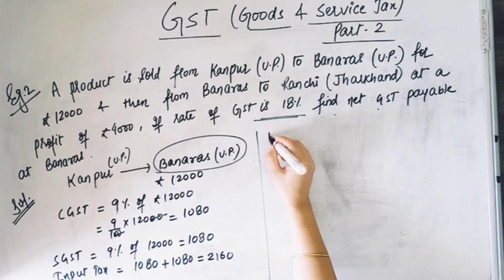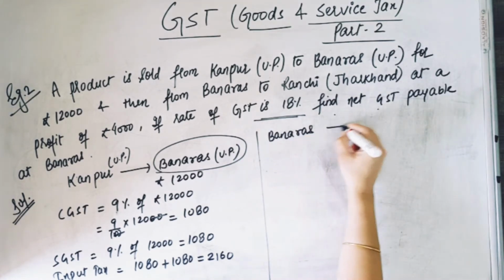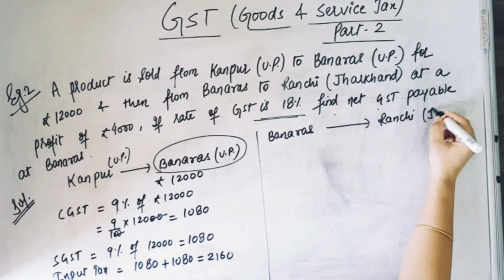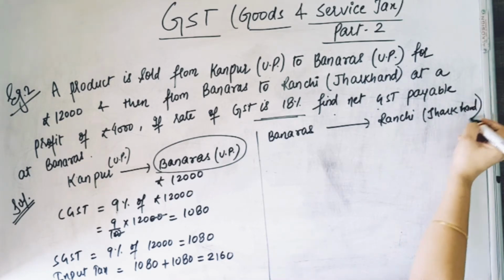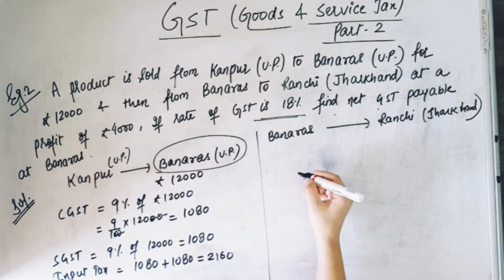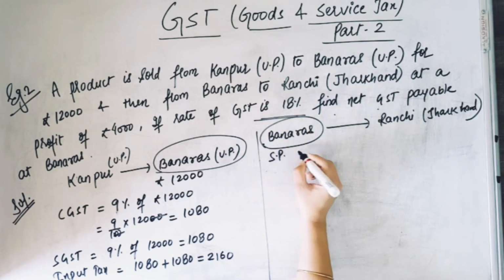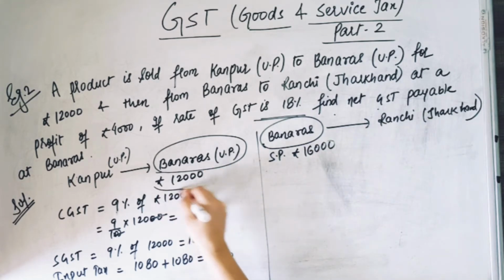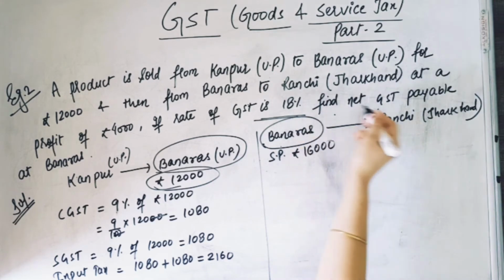Now the person who is in Banaras, he has now sold goods to the person who is in Ranchi, that is at Jharkhand, at a profit of 4,000. That means now its selling price is what? Rupees 16,000. First its cost price was 12,000. Now he is selling goods, selling product to Ranchi.